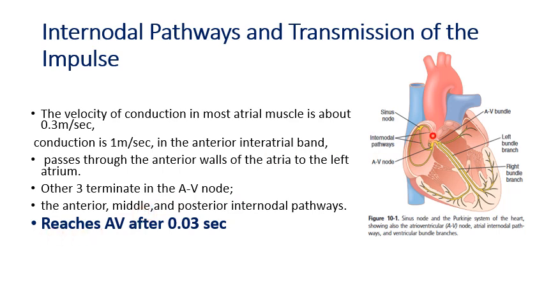If we want to measure the time lapse between the action potential generation in the SA node and reaching the AV node, it takes about 0.03 seconds. So the delay to reach the AV node is only 0.03 seconds, which is considerably fast.